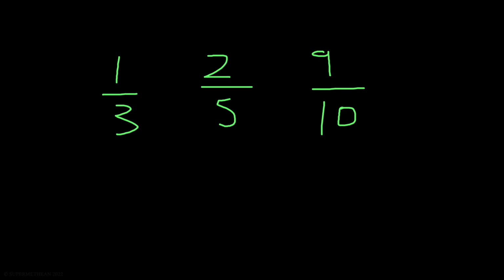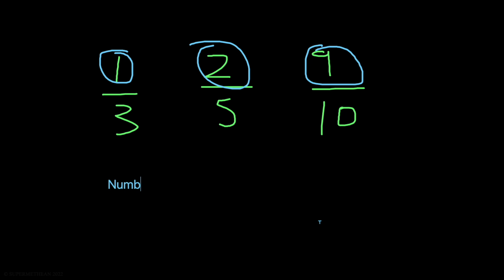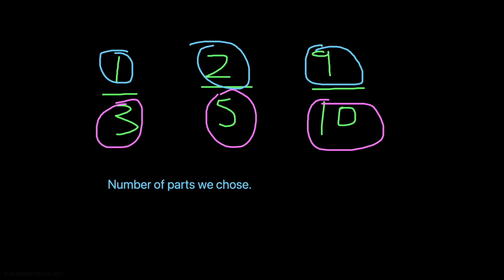So obviously this applies to all fractions. If we take 1/3, 2/5, and 9/10, the 1, 2, and 9 here, our numerators, represent the number of parts that we chose. The denominators, 3, 5, and 10, that's the total number of parts that there were to choose from.